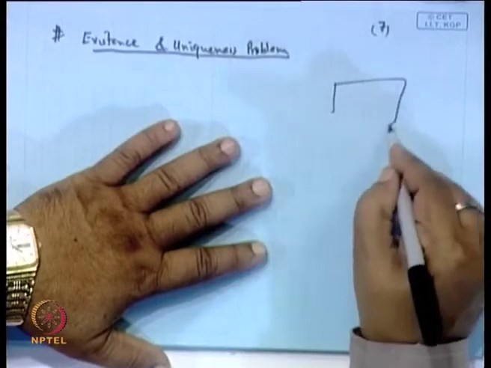What is the existence and uniqueness problem in case of, say, a norm space, in case of a metric space?